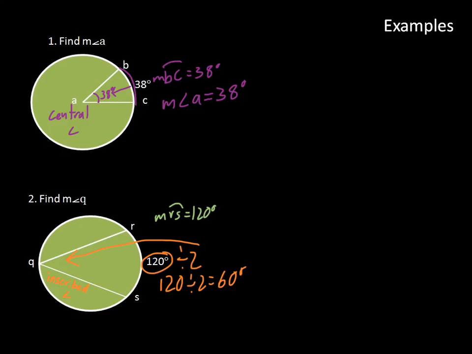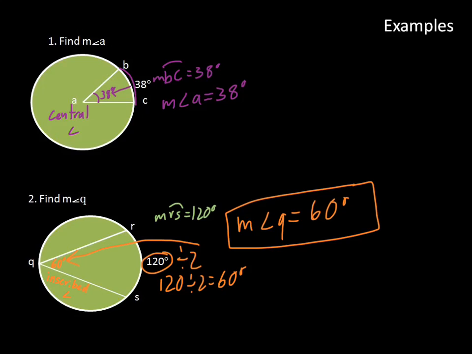So that means the measure of angle Q equals 60 degrees. Okay. That's pretty much all there is to it.